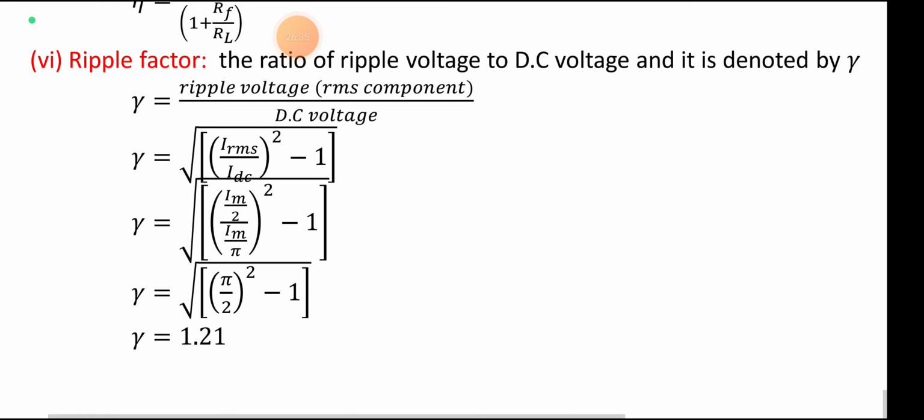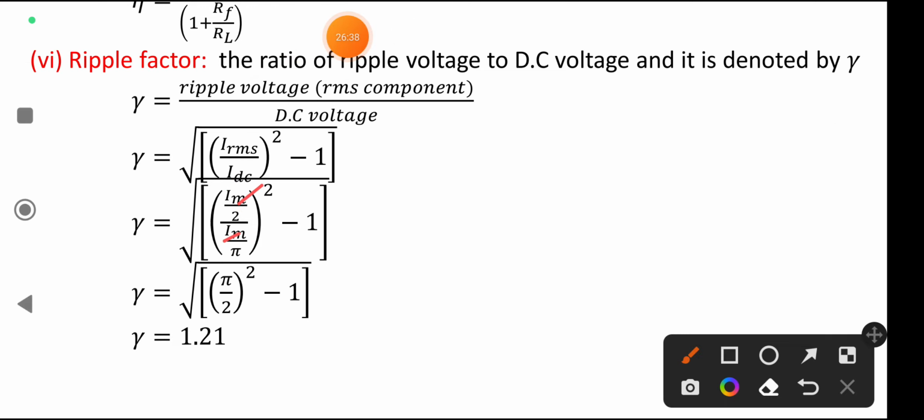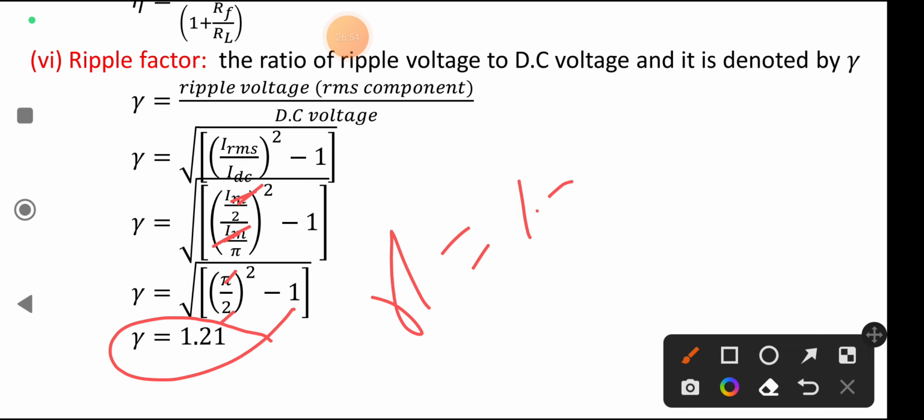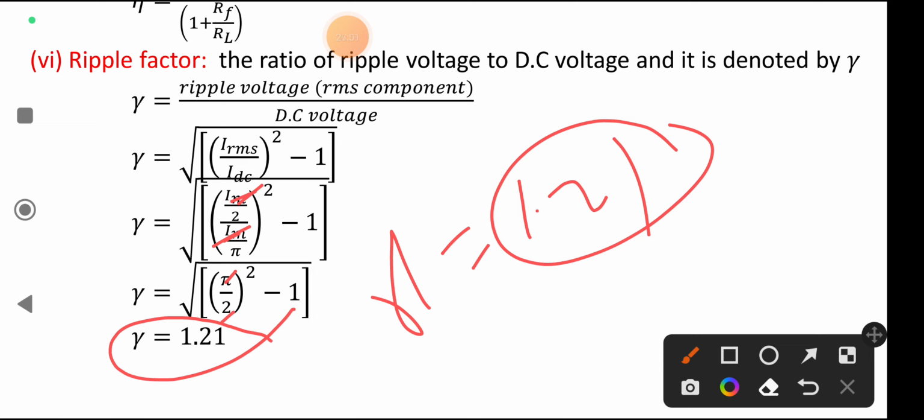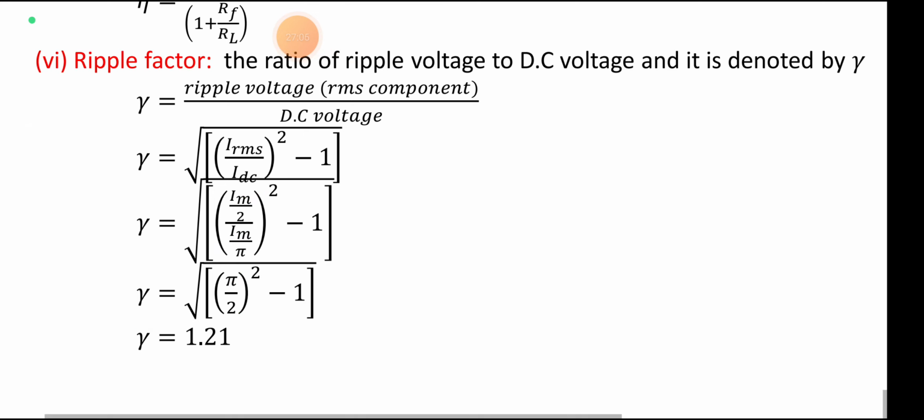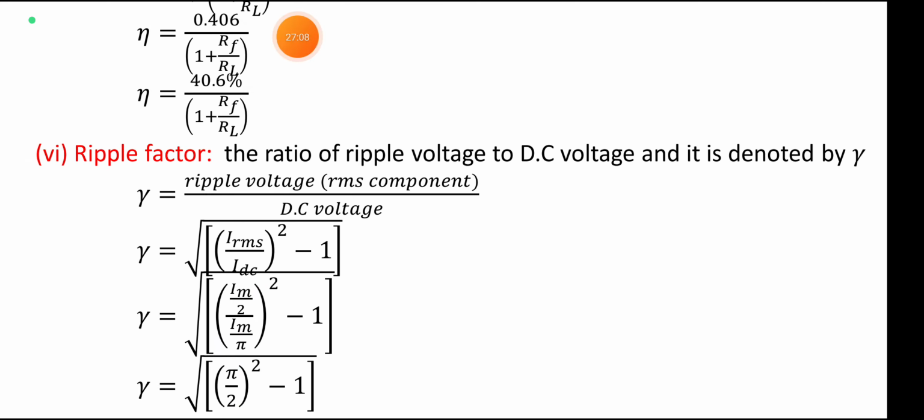Both Im get cancelled, and it becomes pi by 2. If you square it and simplify, then you get our gamma value as 1.21. This is the pulsating output. The gamma value is more than 1, meaning a higher AC value is there at output in half wave rectifiers. Okay friends, this is the half wave rectifier.